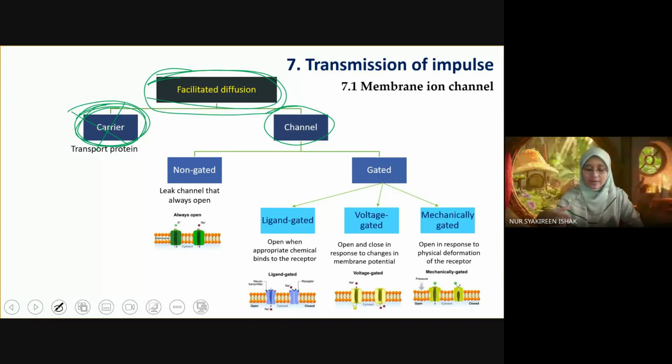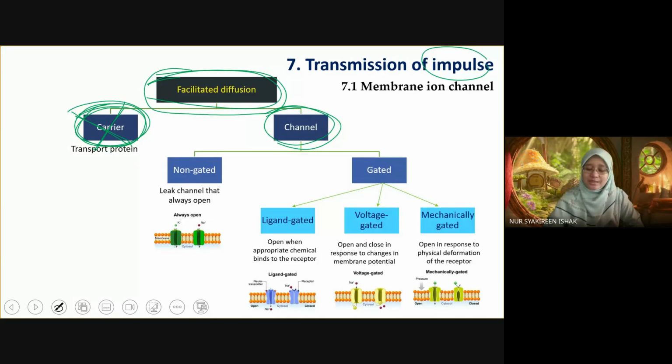Carrier is for example for active transport, like the sodium potassium pump, or for larger molecules such as glucose and amino acids. So we are focusing on transmission of impulse. It does not involve any carrier protein, but it involves several different ion channels.